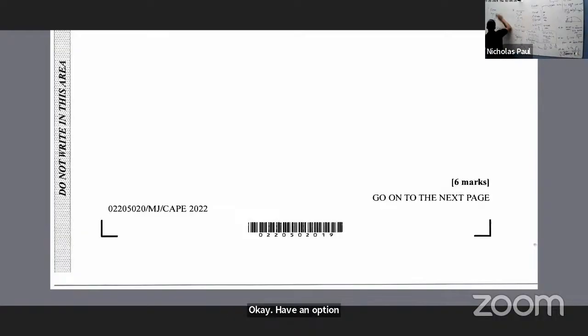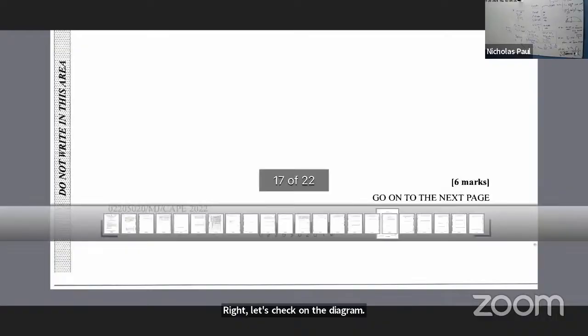Let's check out the diagram. Right, you'll have a question, right? So let's take it a talk here.